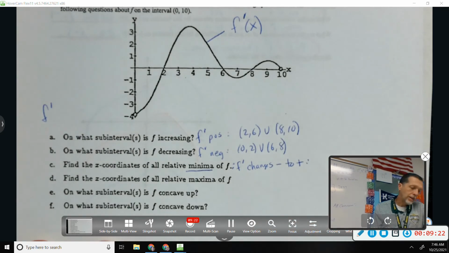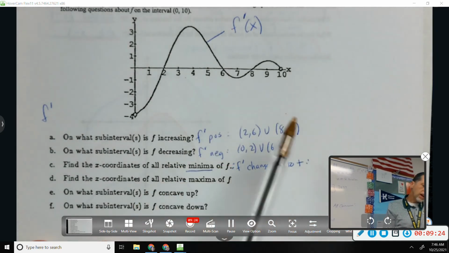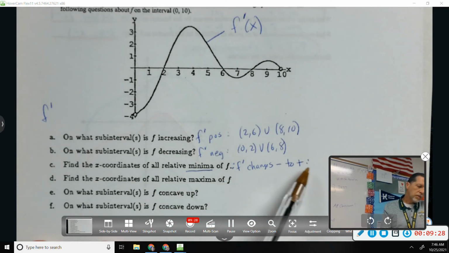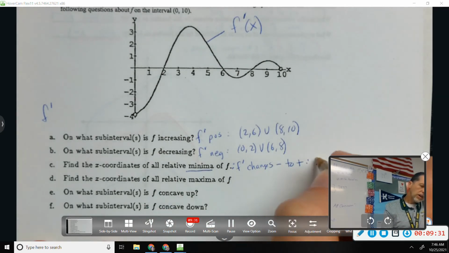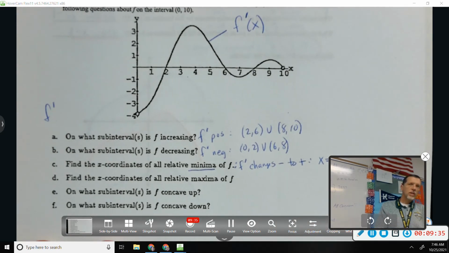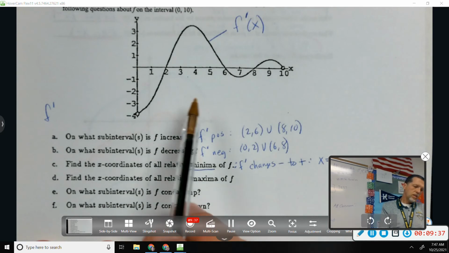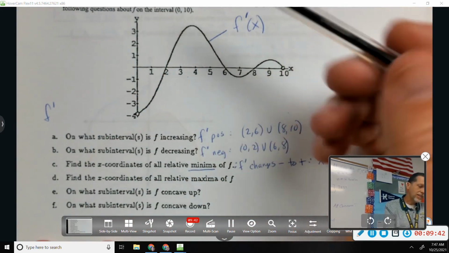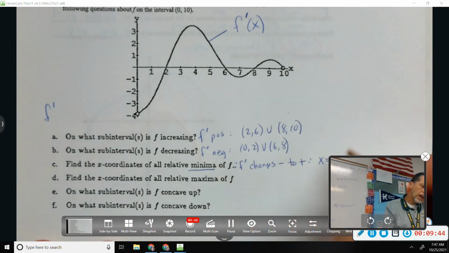So now I look on my picture of f prime, and I want to know where this graph changes from negative to positive. That would be at x equals, where this graph goes from being below the axis to above the axis, 2 and 8.